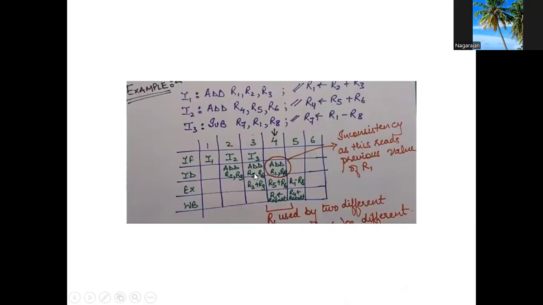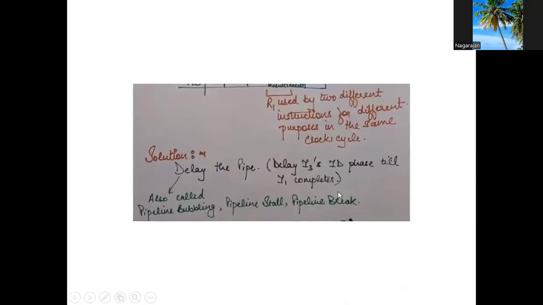So how can you avoid this? The inconsistency happens because R1 is used for different purposes in the same clock cycle, that is, requesting the same resource. Here the solution is simple: we can delay the pipeline. We can delay the pipe and then go for the execution.